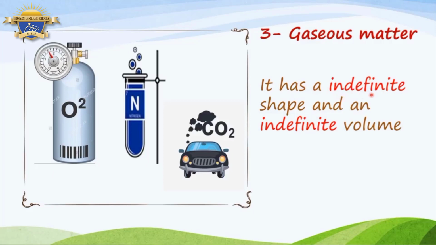Does air have an indefinite shape and indefinite volume? Yes, the air takes the shape of the room, the shape of the glass, the shape of a tube. So does the shape of gaseous matter change or not? Change. And does the volume change or not? Change. Right. Let's do an activity to prove that.